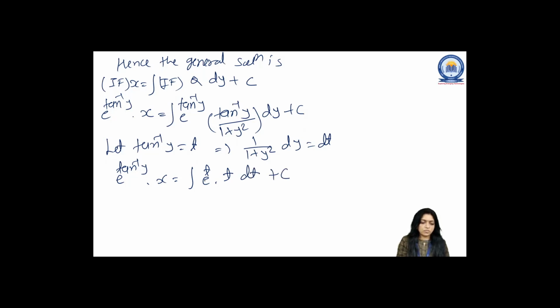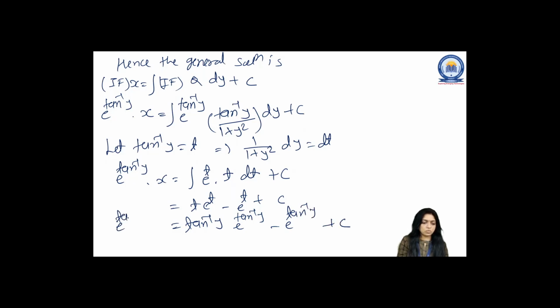So integration of e raised to t into t is t e raised to t minus e raised to t plus c. If I substitute the value of t as tan inverse y, then it is tan inverse y e raised to tan inverse y minus e raised to tan inverse y plus c.